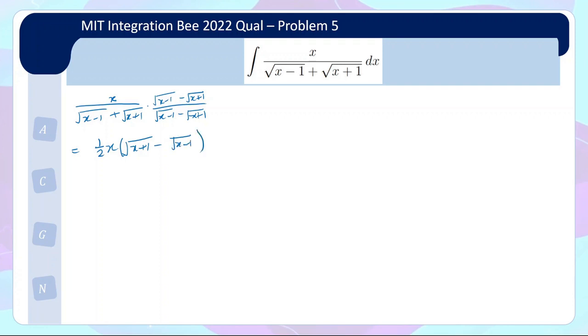So what we want to do is to evaluate the two integrals separately. So we want the integral of half x square root x plus 1 dx. So there's a standard way to think about this. This thing is almost possible to break into powers and to be integrated directly, but the x plus 1 is inside the square root, which makes it really annoying.